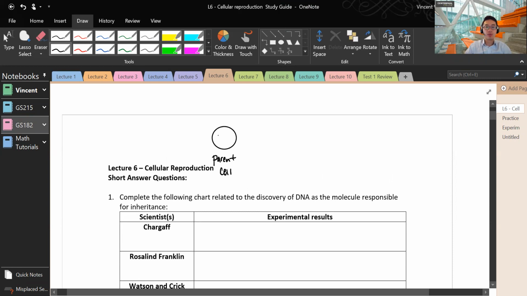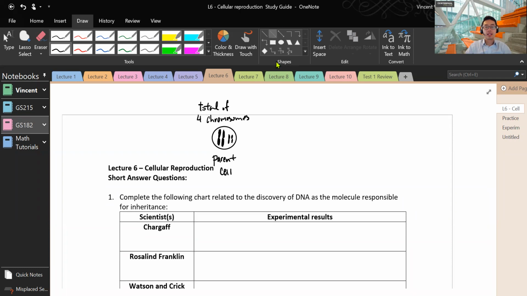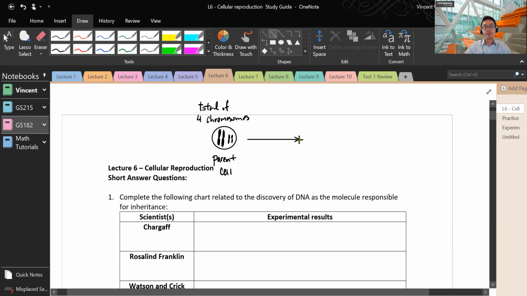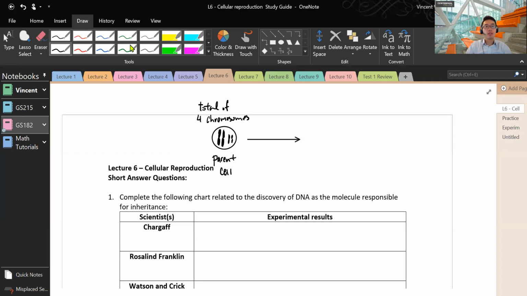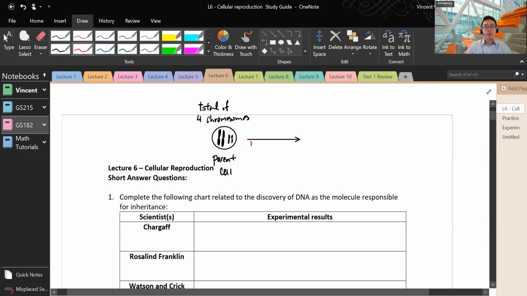So there are two sets of chromosomes. There's a chromosome 1 here, and then there's chromosome 2 here. So a total of 4 chromosomes. And what's going to happen is you will want to do DNA replication.